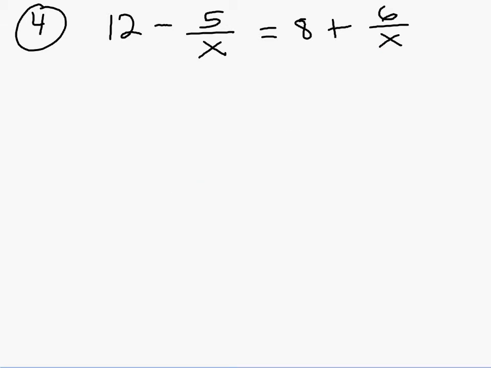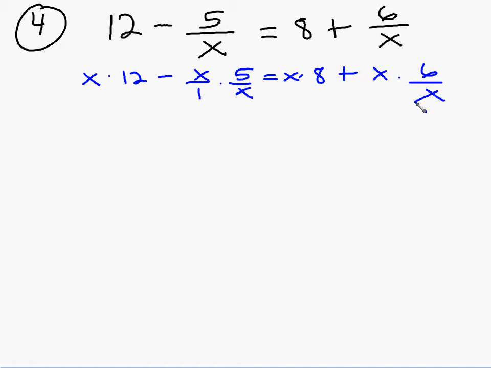You should have multiplied every term by x. X times 12 minus x times 5 over x equals x times 8 plus x times 6 over x. Get out the slasher. Those go away. Those go away.